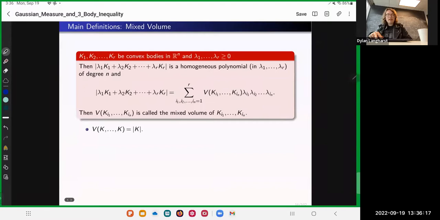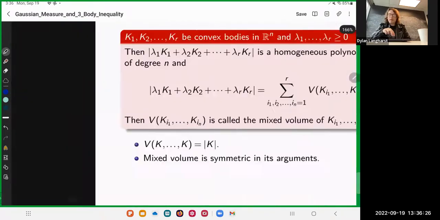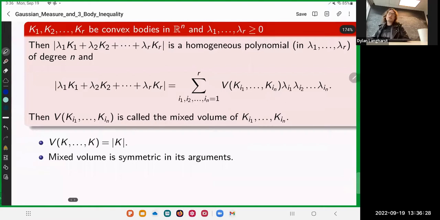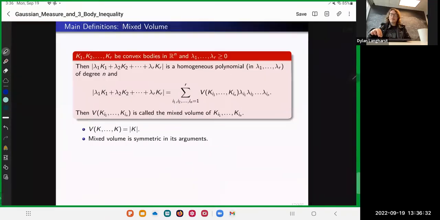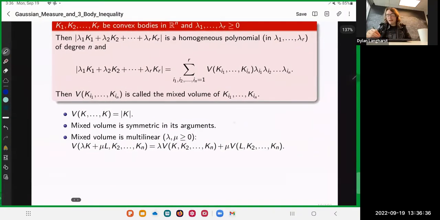So here are some properties of mixed volume. If I take all of them to be the same set, you just get the volume of K. It's also symmetric in its arguments. So do I write explicitly the example? I do not. What I mean by this is that if we're in n equals 3, and I have K, L, and M, well, that's the same as L, K, and M. I can switch them.